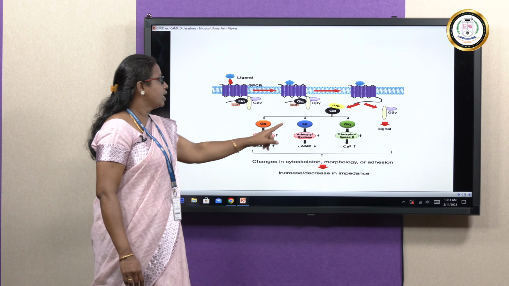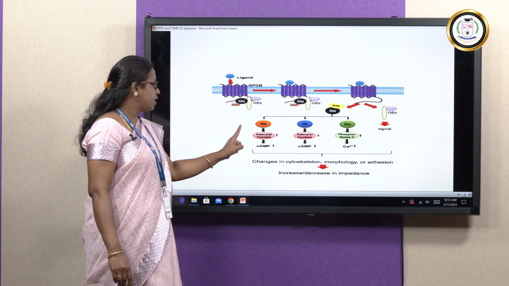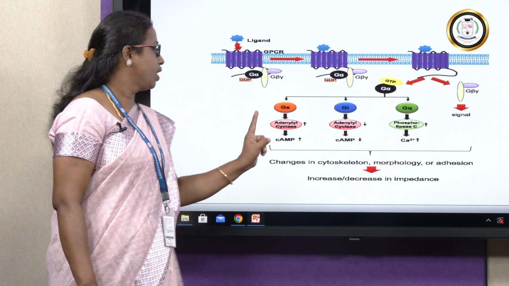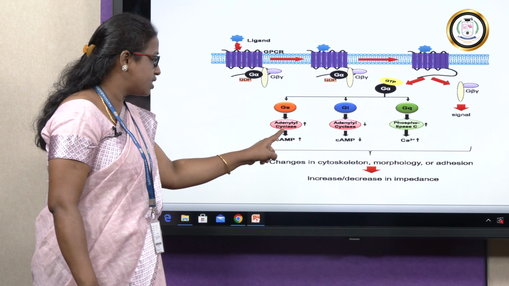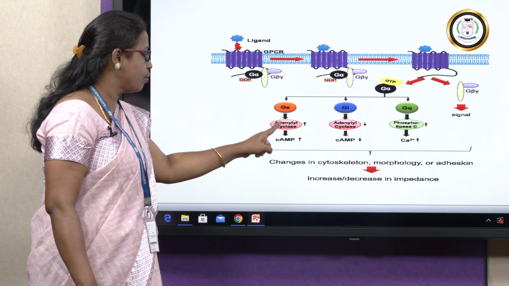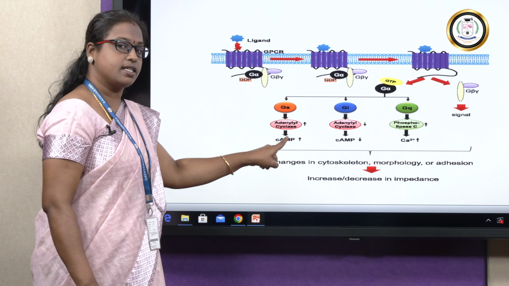When coming to the G alpha subunit, it has different alpha subunits. The first important one is Gs, the second is Gi, and then Gq. Here Gs will activate the adenylyl cyclase enzyme. Due to this, cAMP production will be increased inside the cell.